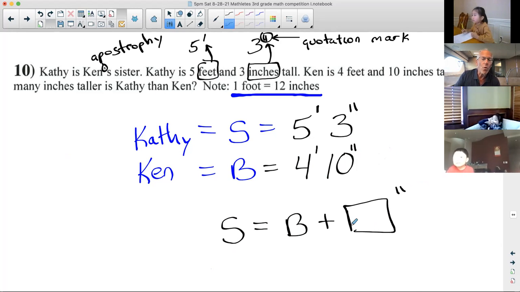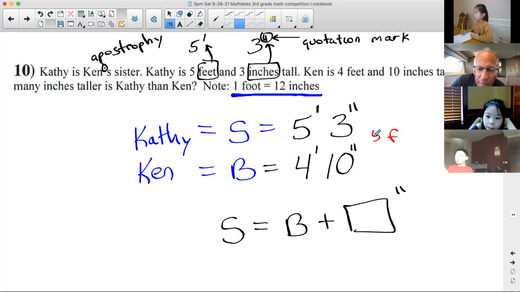All right. So who thinks they know how many inches Ken is shorter than his sister, and how many inches is his sister taller than Ken? I'm going to give you a little hint.